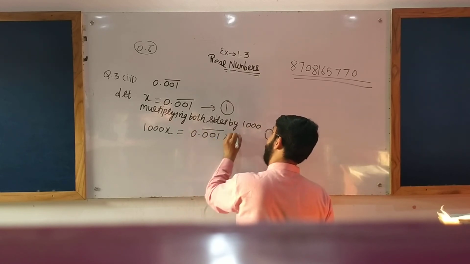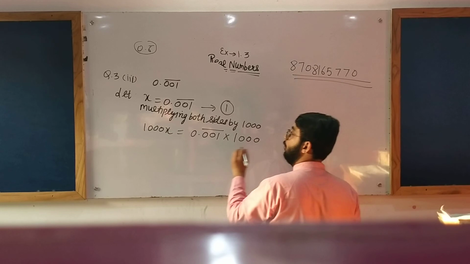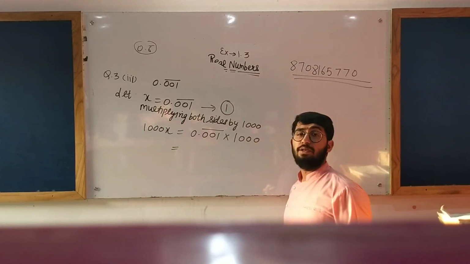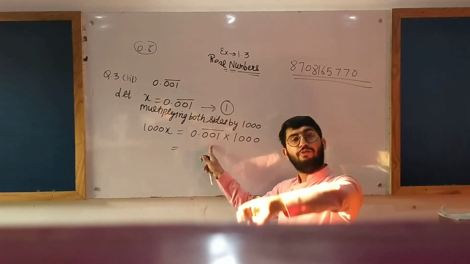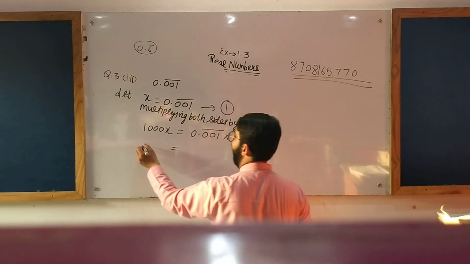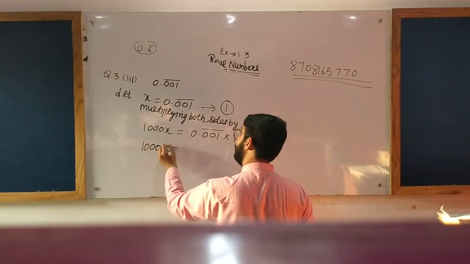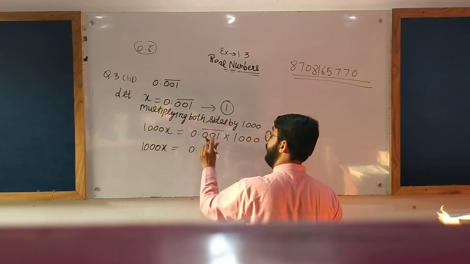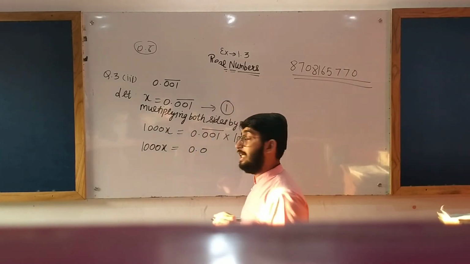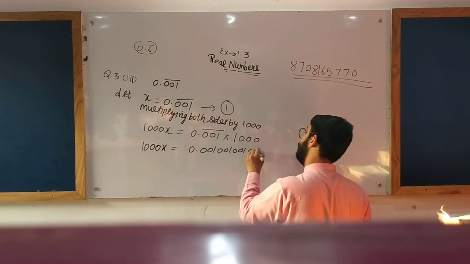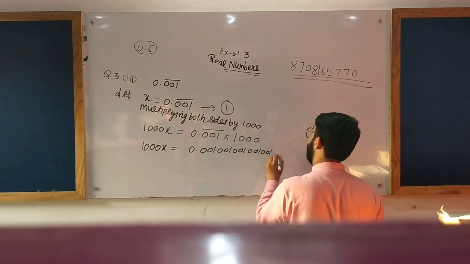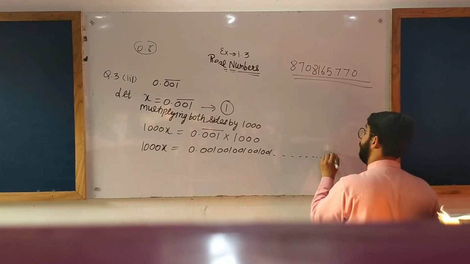When you multiply it by 1000, the 3 digits just after the decimal will shift from right to left. It can be written as 0.001, 001, 001, 001, 001. The repetition of 001 takes place an infinite number of times.